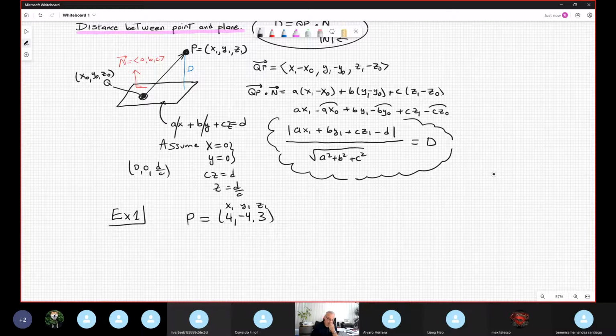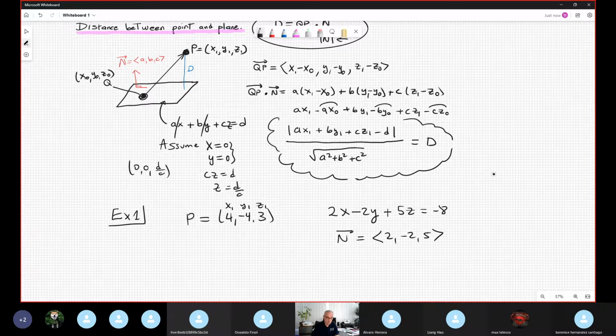And the equation of the plane is given: 2x minus 2y plus 5z equals negative 8. The normal vector associated with that plane is the vector 2, negative 2, 5.